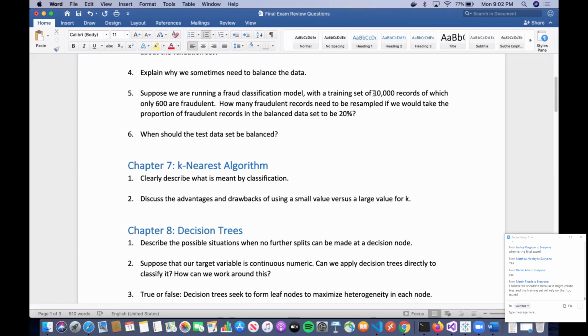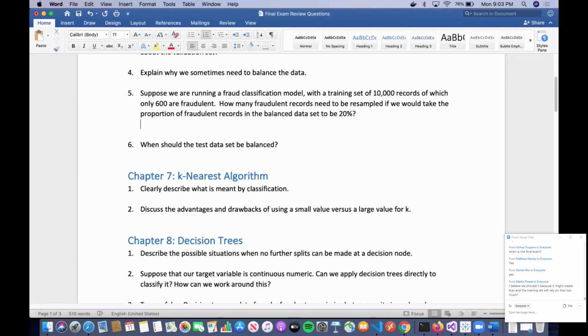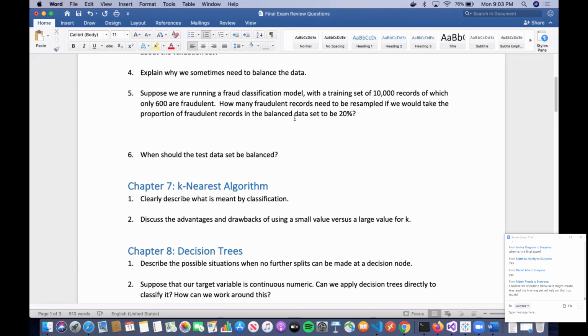How many fraudulent records need to be resampled if we take the proportion of the fraudulent records in a balanced data set to be 20%? In chapter 6, there was a formula we used to calculate this, and this is exactly from one of the slides in chapter 6, except that we changed the numbers.